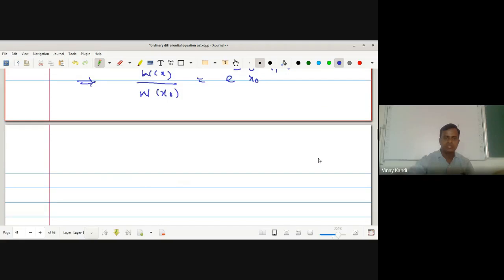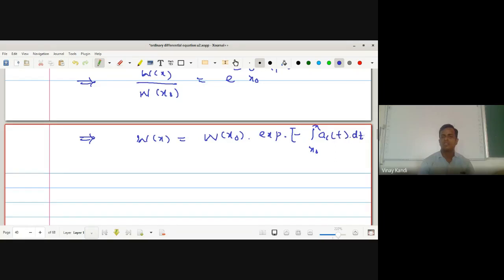Which implies Wronskian at point x is equal to Wronskian at point x naught into exponential power of minus integral x naught to x a1 of t dt.